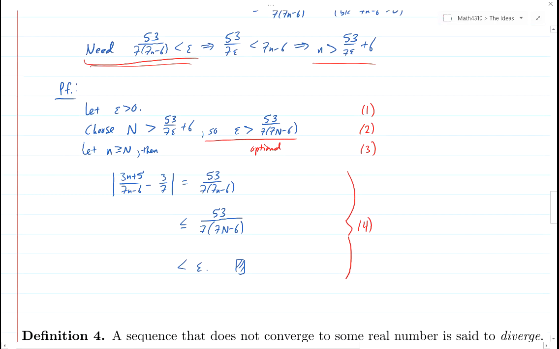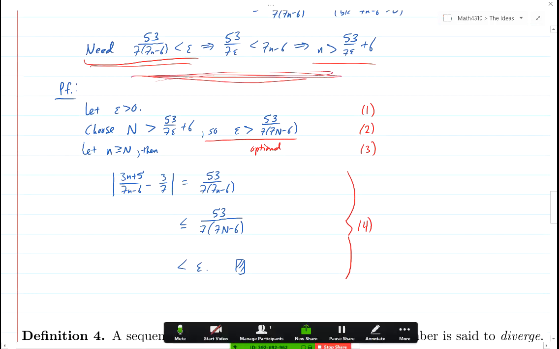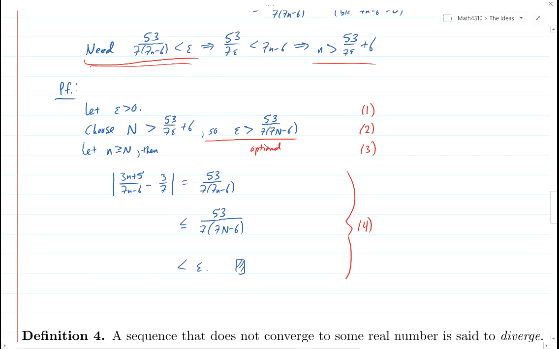Now notice I say that implies that epsilon is greater than 53/(7N - 6) times 7, which is pretty easy to see by just remanipulating this step up here that I'm drawing some squiggly underlines on, and I'll erase them to clean it up. If you wanted to show more work about that, you could, but the idea is just setting the reader up. It's optional, but you want to set them up for the final part of step 4, the conclusion.